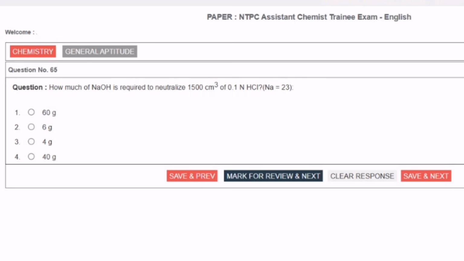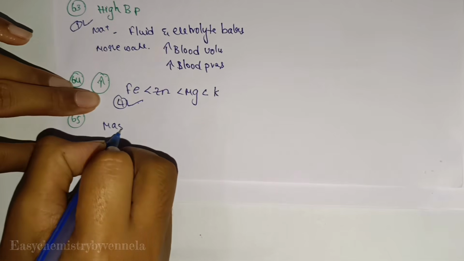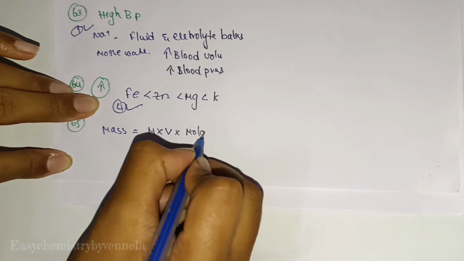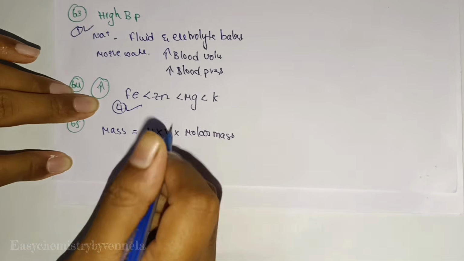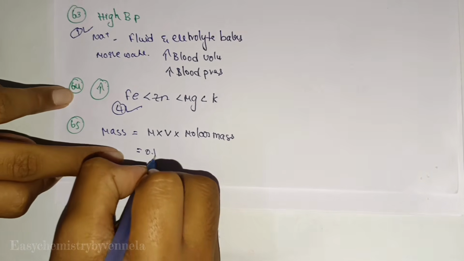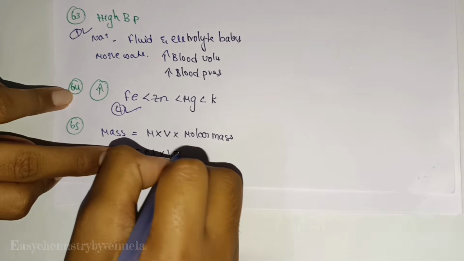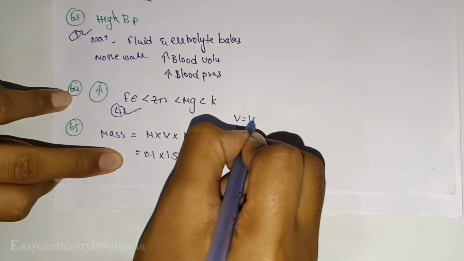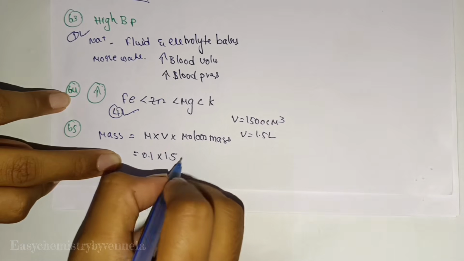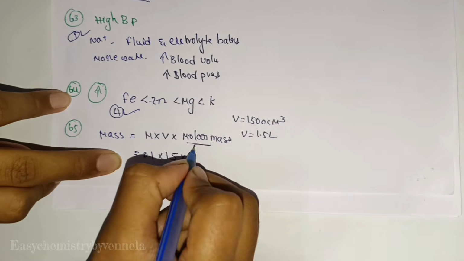Next question. How much NaOH is required to neutralize 1500 centimeter cube of 0.1 N HCl? You have to find out the mass. Simple formula: mass is equal to moles into molar mass. Moles is 0.1 into volume. Here the volume is 1500 centimeter cube, so V is equal to 1.5 liters, into molar mass.